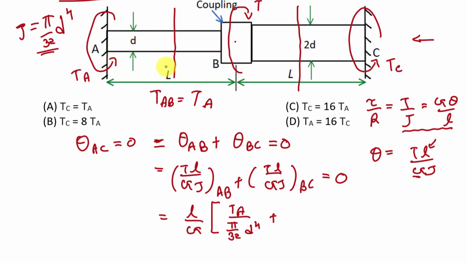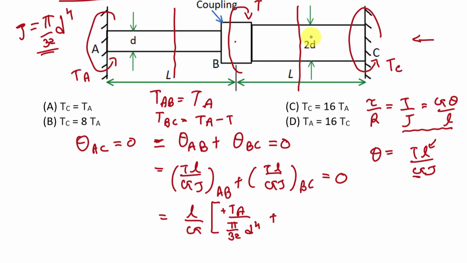Here this twisting moment is TA and this twisting moment is T. It is acting in anti-clockwise direction and it is acting in clockwise direction. Now here we have taken anti-clockwise direction as positive, so this twisting moment will be negative. So T in BC will be TA minus T.